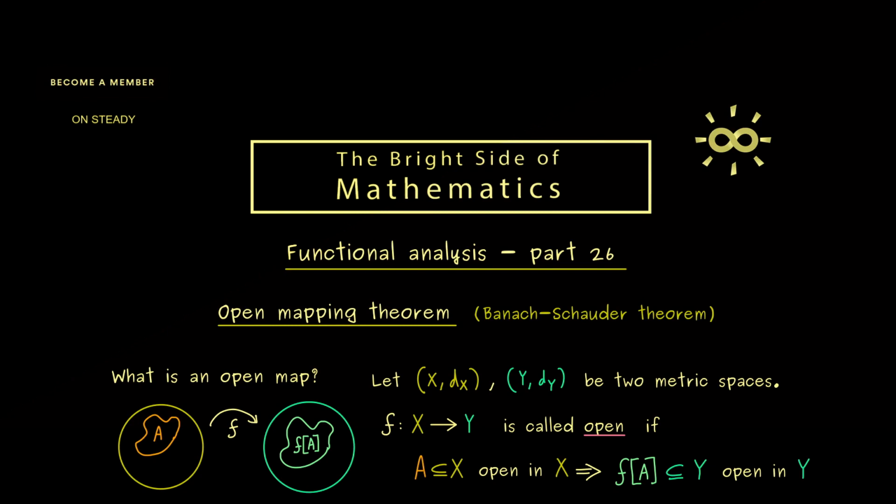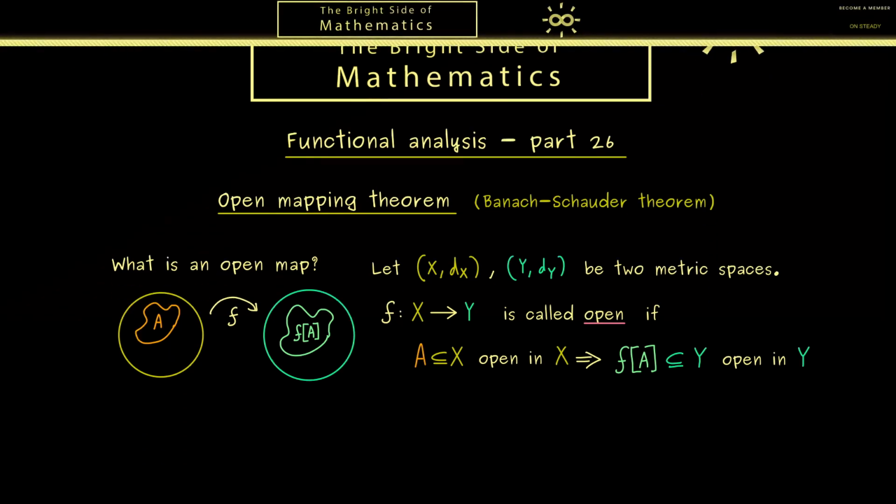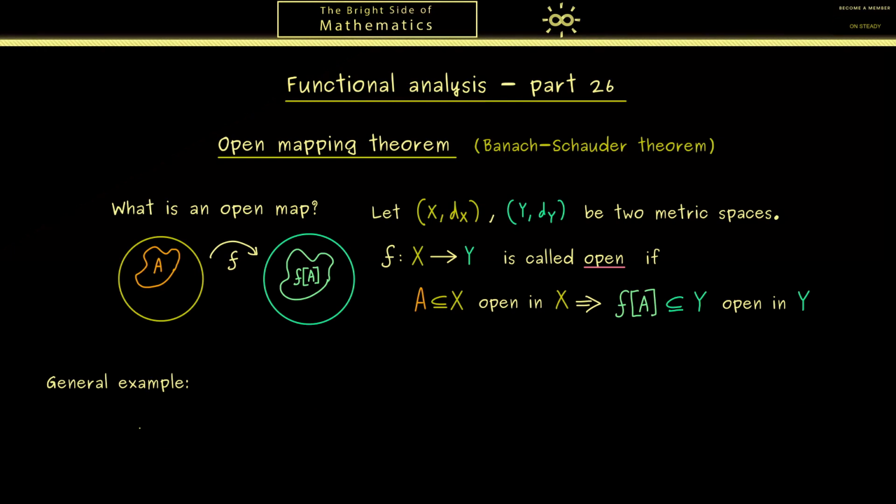Okay, so this looks like a natural notion, therefore let's immediately look at some examples. First, a very general example, because you might already recognize the connection to the definition of continuity here. So let's fix a bijective map, which means we have an inverse map f^(-1).